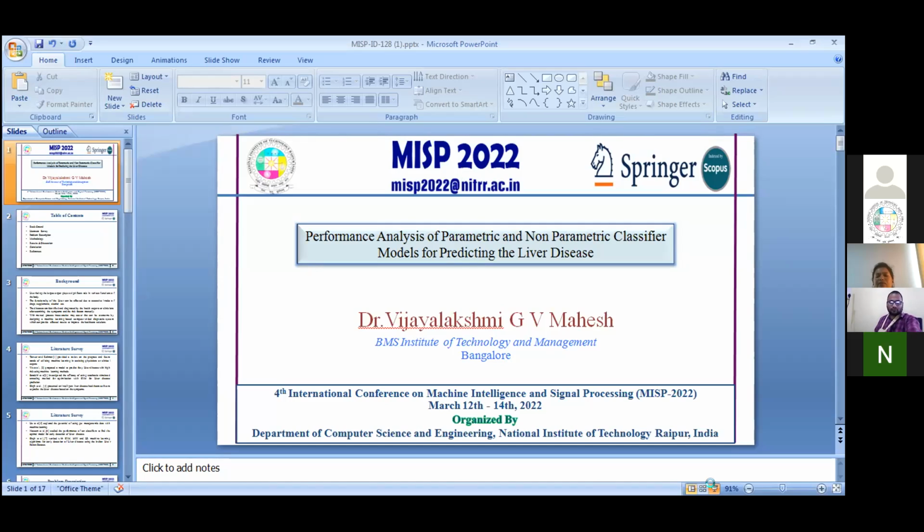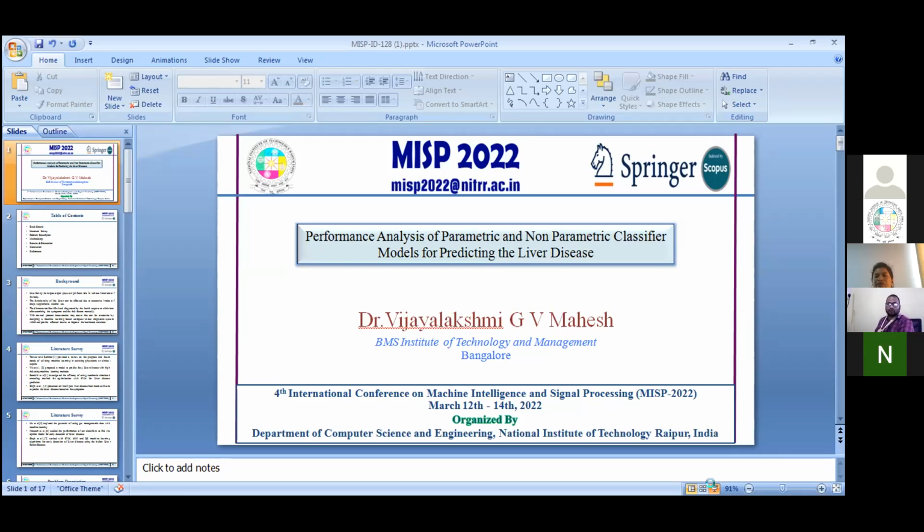Traditionally, health experts just monitor the symptoms if the liver gets afflicted, they diagnose the disease, and they refer the patient for treatment.